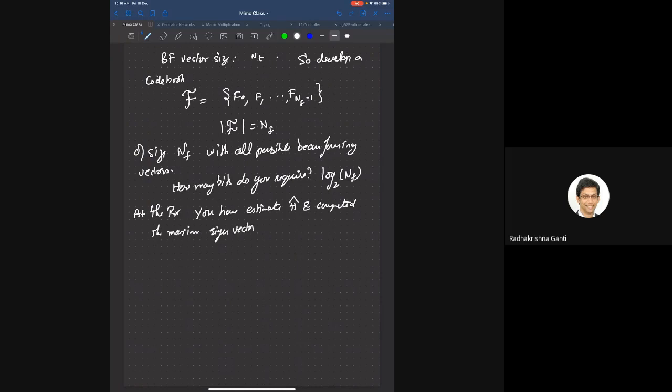I'm using this in a very loose sense; there's nothing called a maximum eigenvector. It is the eigenvector corresponding to the maximum eigenvalue, Vmax. Now the question is, what vector from F do you pick?